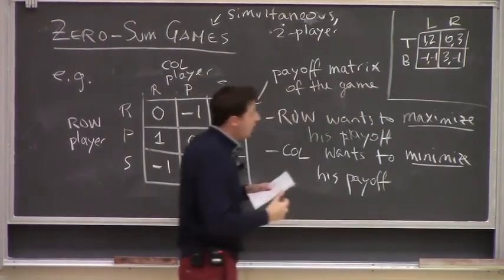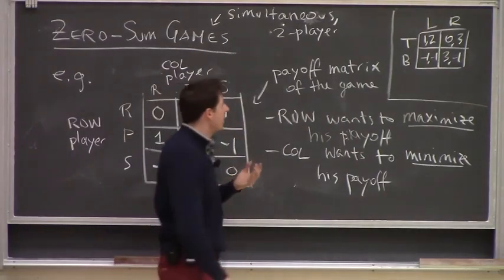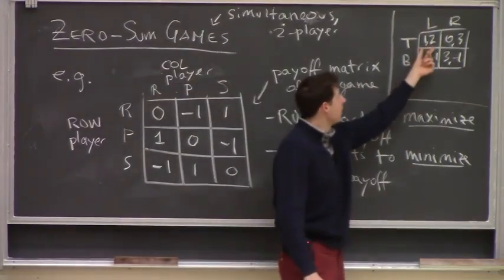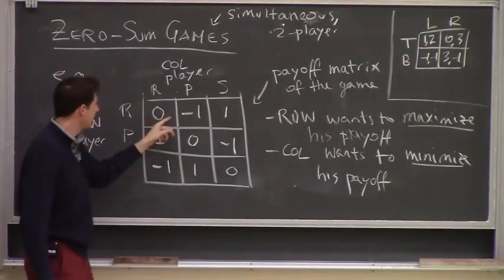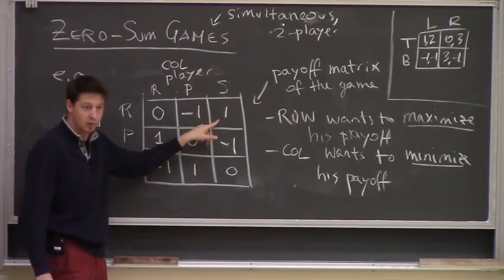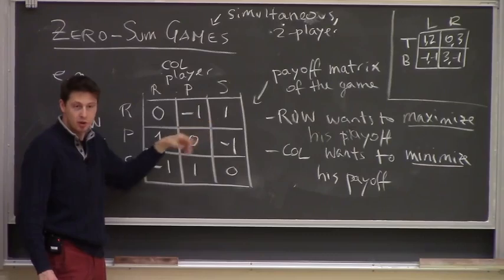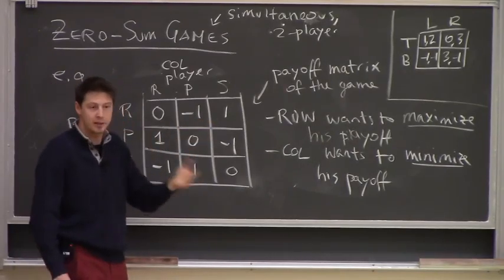So in a general two-player simultaneous game, it need not be zero-sum. Zero-sum denotes that the sum of the two entries is 0. Here we are being implicit about the fact that we have 0, 0, -1, 1, 1, -1. We're just always having in the back of our head that the payoff of one player is the negative of the other.